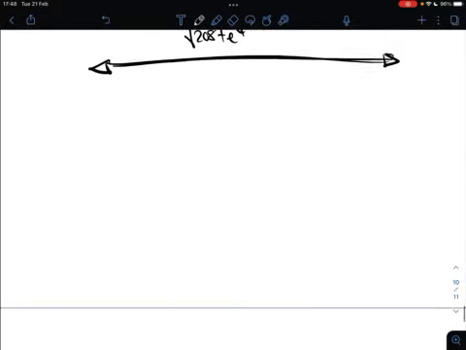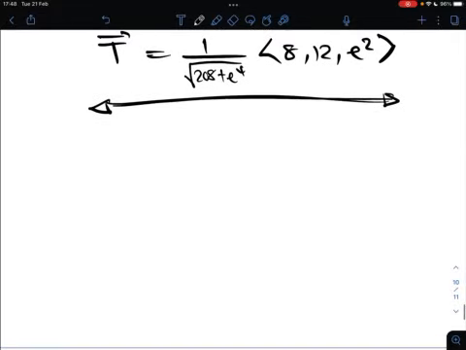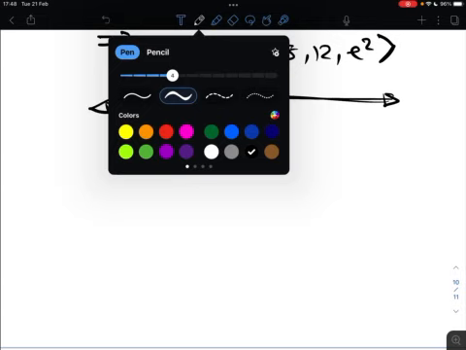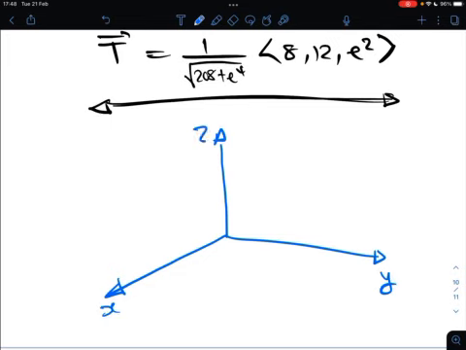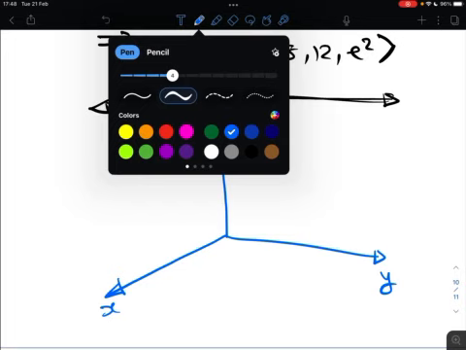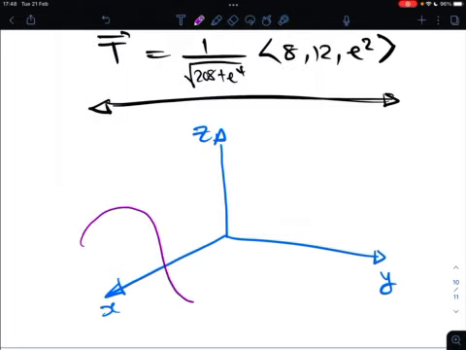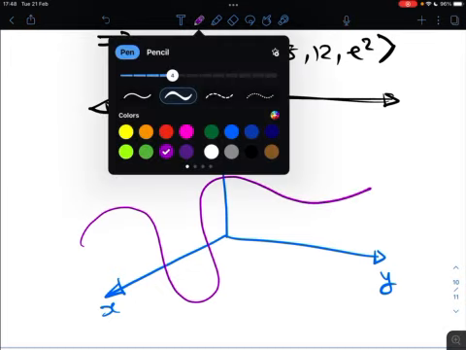For example, if we were to illustrate where exactly this lies, if I have a Cartesian plane, something like this, and then I draw my curve, how can I actually represent this unit tangent vector?